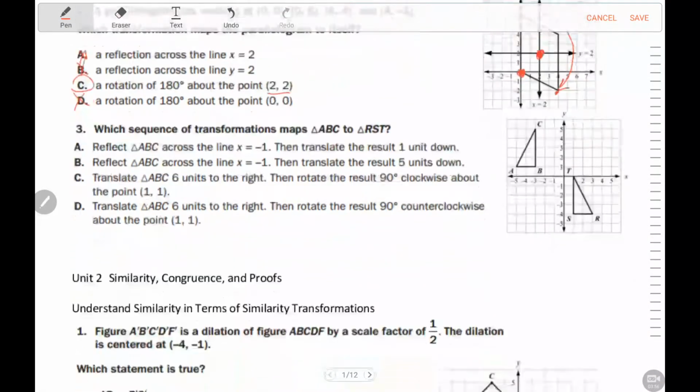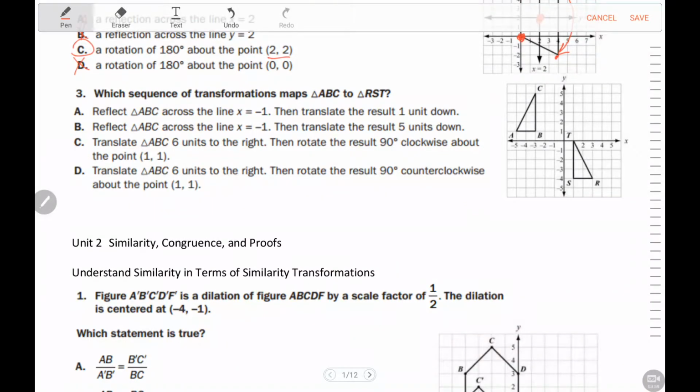Okay, moving on. Which sequence of transformations maps ABC to RST? All right, so you do have to read a good bit, and you have to be pretty particular. One thing that will help you is if you understand what your lines are. So x equals only goes through x values.